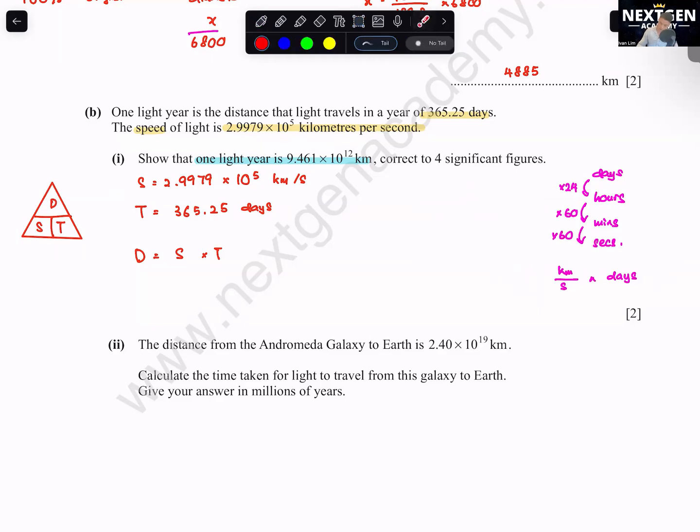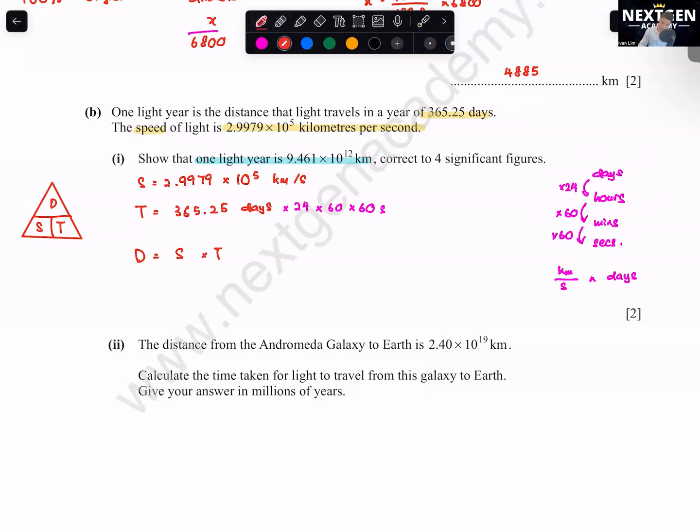From these days, I need to multiply 24, multiply 60, and multiply 60. No, not divide, multiply. So here you multiply 24, multiply 60, multiply 60 to get seconds. Understand the conversion? Refer to this. If you don't know, draw it out.